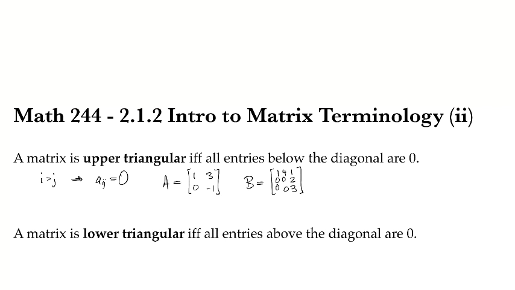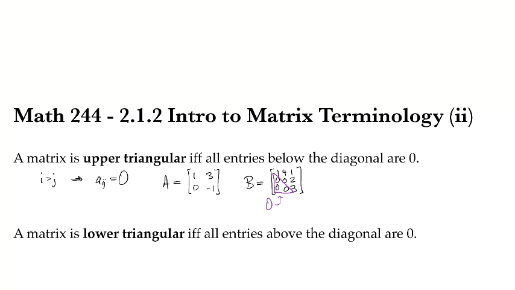And B, so we take B to be something like this. Wow, that came out a little crooked there. There we go. That's slightly better. Okay, so the idea is that anything below the diagonal should be all 0.